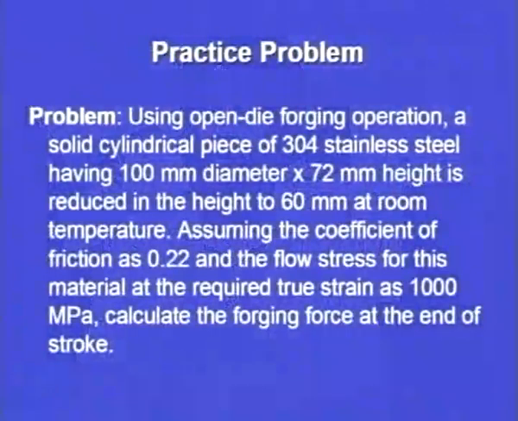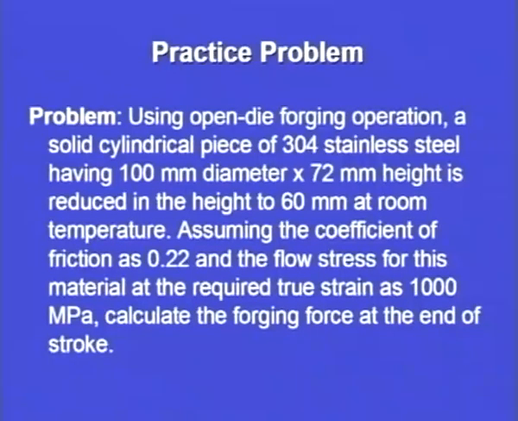Now, assuming the coefficient of friction as 0.22 and the flow stress for this material, the material being 304 stainless steel, at the required true strain at 1000 megapascal. Now, calculate the forging force at the end of the stroke.